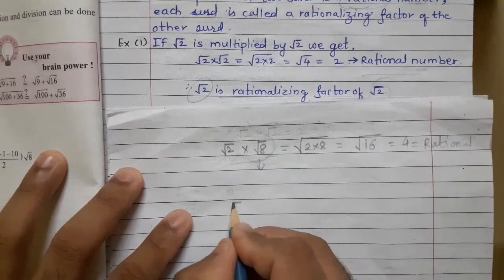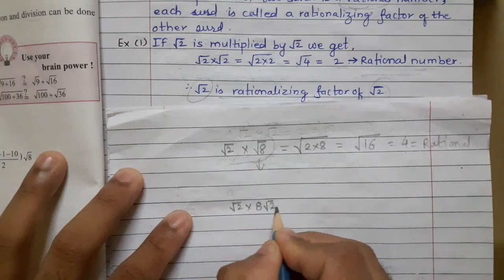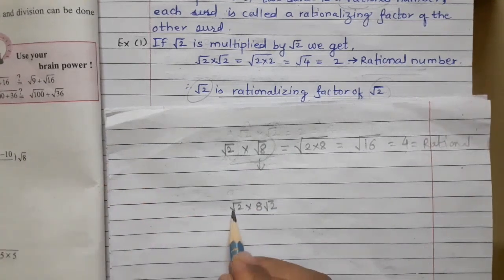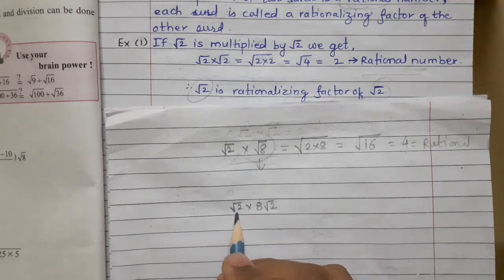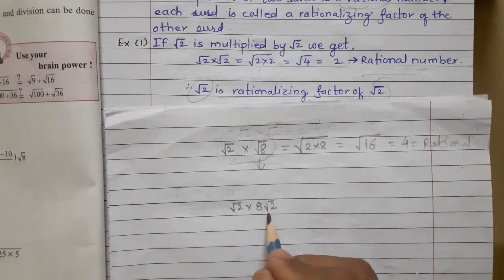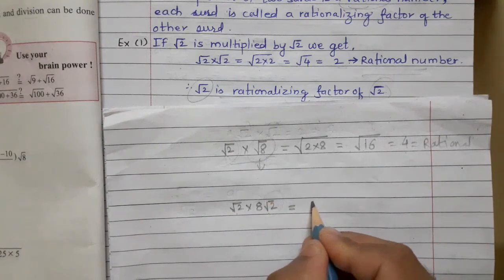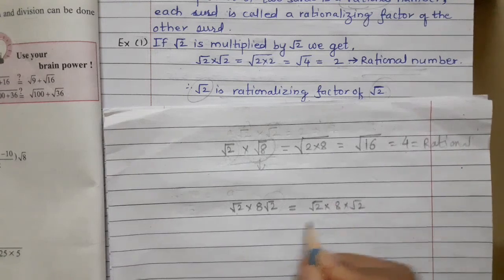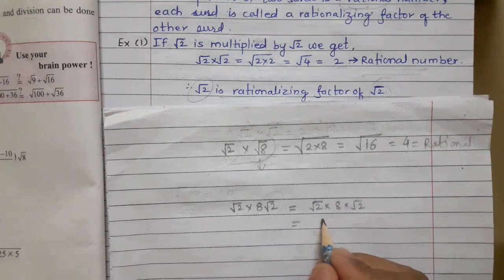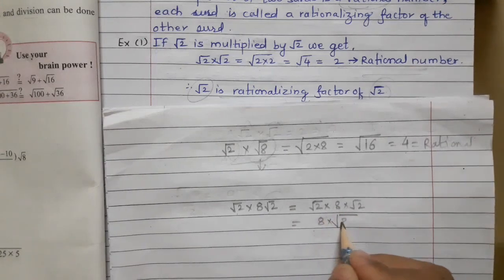If we multiply root 2 by 8 root 2, root 2 is a surd and this is also a surd, then we can write 8 multiplied by root of 2 multiplied by 2.